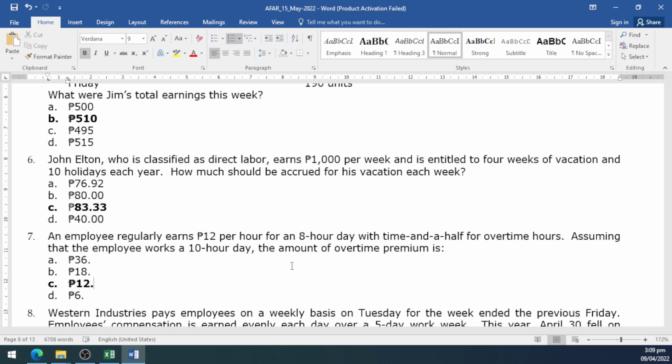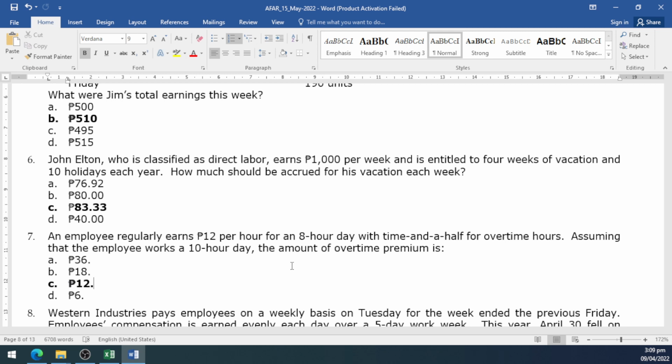Pero syempre, ang overtime pay mo, hindi 12. 2 hours times 18, 36. Regular rate yung 12, yung 12 pesos per hour. Yung 6 na premium, additional. Yun ang overtime premium. Na i-charge nyo sa factory overhead control. Okay? Charge nyo sa factory overhead control.